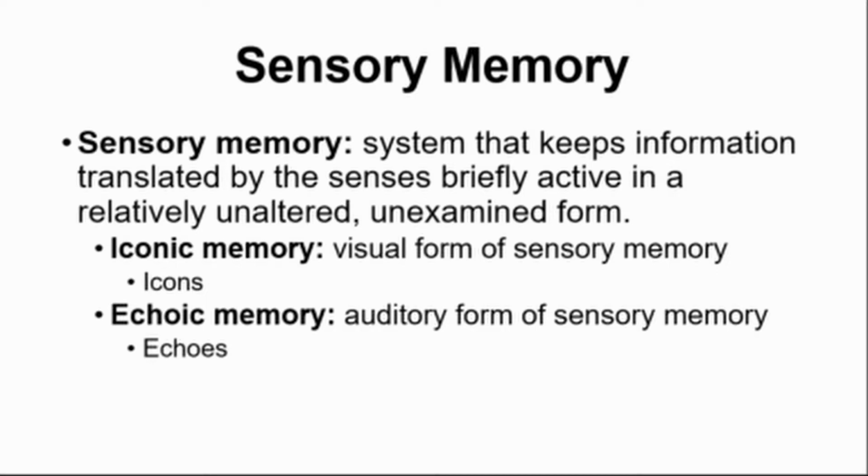The first is our iconic memory. So this deals with our visual sensory memory. So this is information coming in through our eyes. And we can call this, so icons would be the things that we are remembering very briefly from our sensory receptors in our eyes. And so this is kind of like when you're walking through the halls and you have a moment of, wait a second, what did that person's shirt just say?